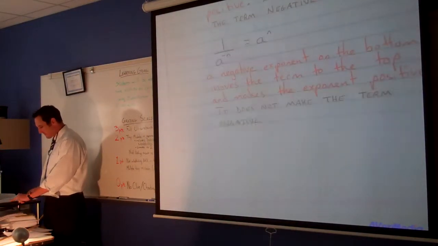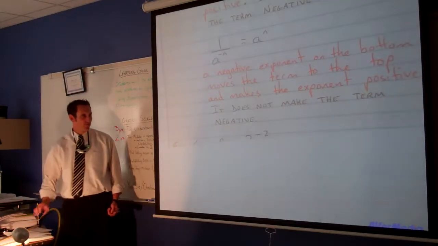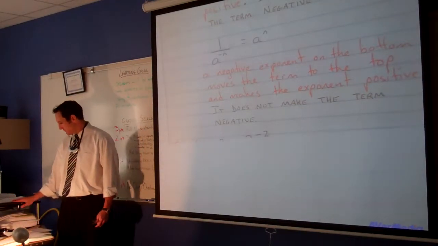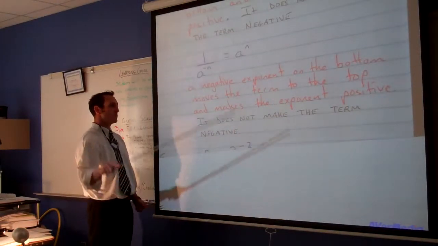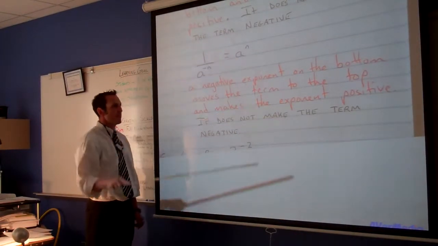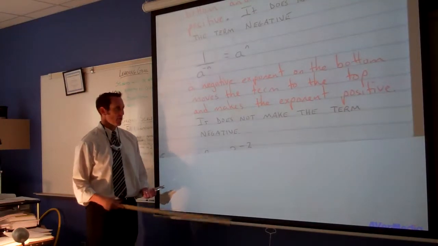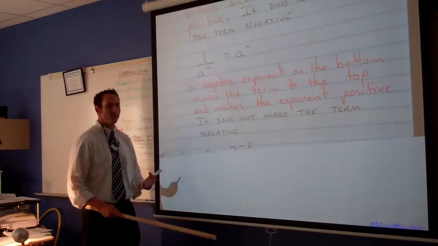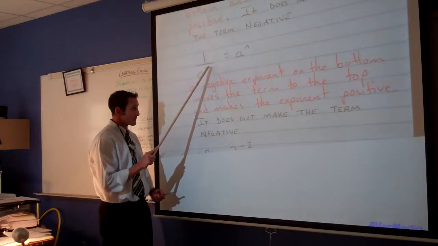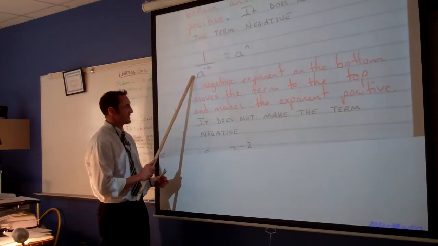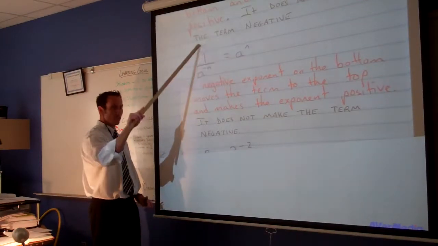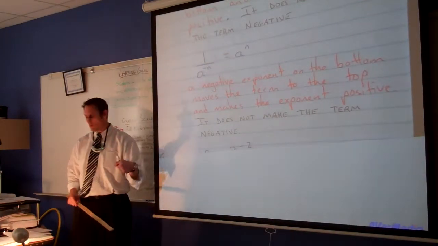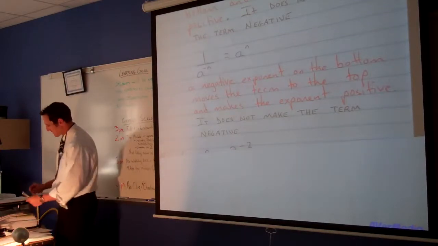So if we have a negative exponent on the bottom of an expression, all that means is that the term moves to the top and it makes the exponent positive. Once again, it does not make the term negative. This negative in the exponent does not make this negative. It doesn't change the sign out here. It does not affect that. It just moves it to the top and becomes positive, or moves it to the bottom and becomes positive.